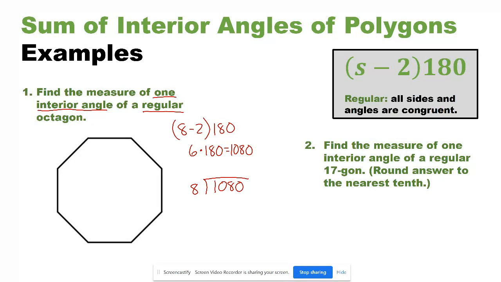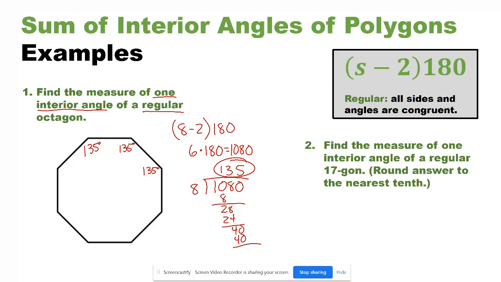When you work that out, you will get 135 degrees. So each of these angles in this octagon is going to be 135 degrees, and you can keep going around.